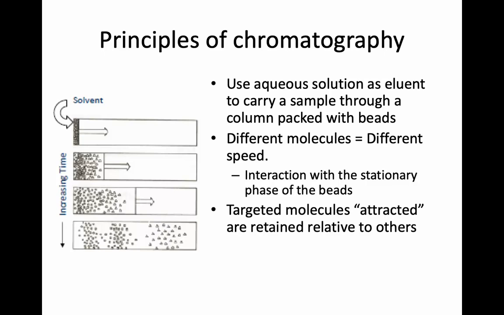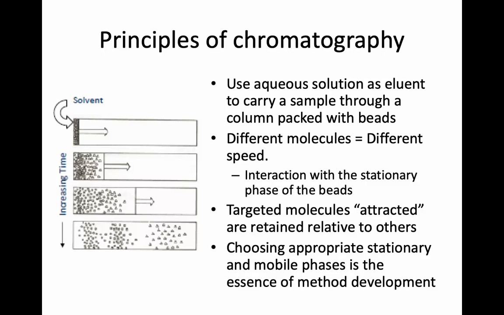So the idea is that molecules that interact with the packed beads will be retained in the matrix and show up in the outflow at later time points, while molecules that are not retained by the beads are going to show up in your eluent very soon.